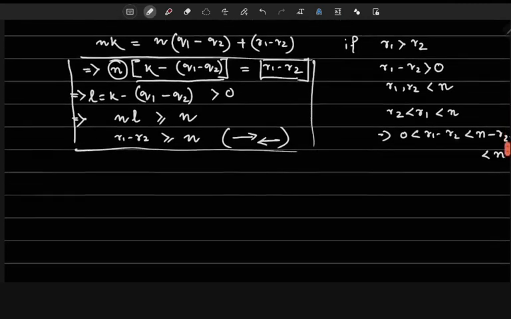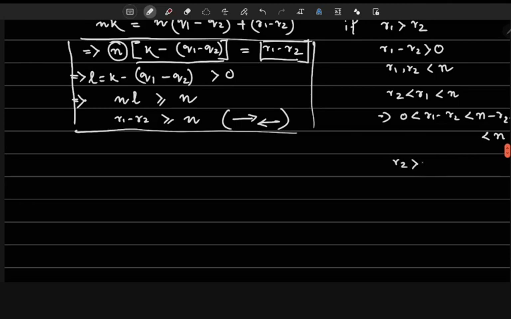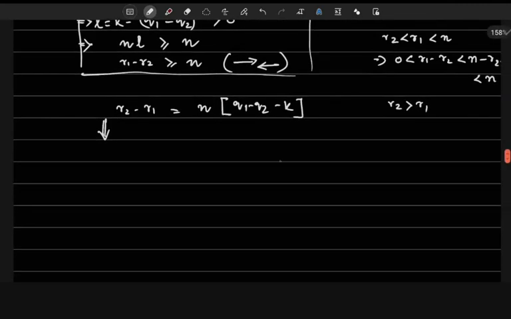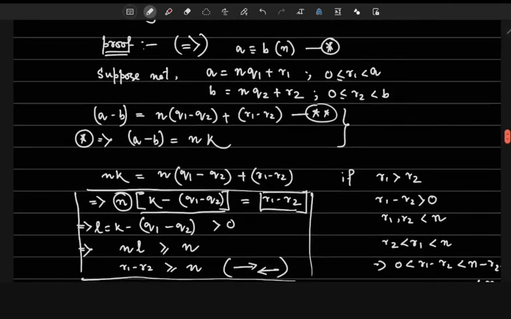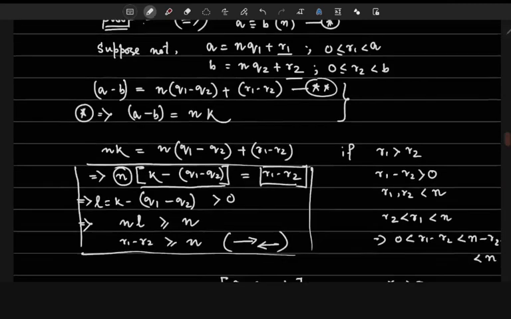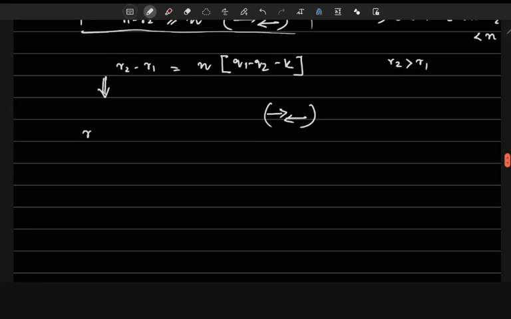The similar argument will follow if r2 is greater than r1: then we simply write r2 minus r1 is equal to n into (q1 minus q2 minus k), and the whole argument will follow in the same direction. And that way we will again get a contradiction, and that contradiction will say that r1 must be equal to r2. Then we are done for the first part.